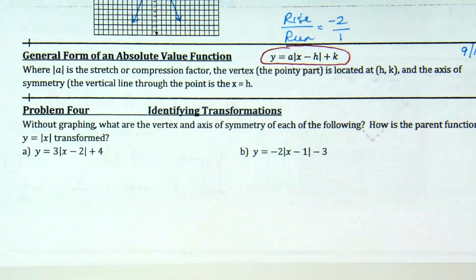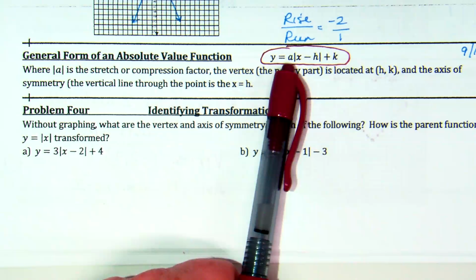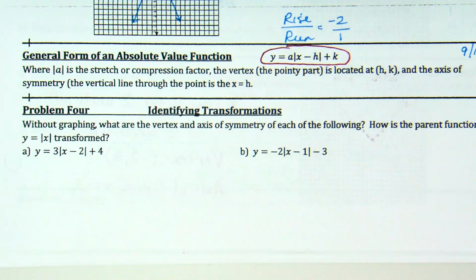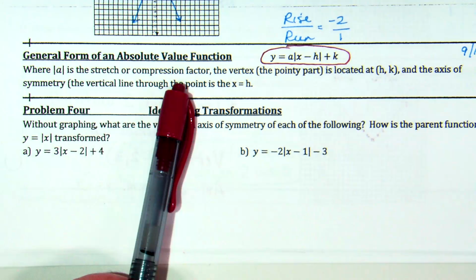The idea here is that we don't necessarily have to graph it to be able to tell what's going on. You guys know a is going to be the what? We talked slope. Officially, what's the transformation? It's either a stretch or compression, right? We kind of treat it as slope. So a is the stretch or compression factor.